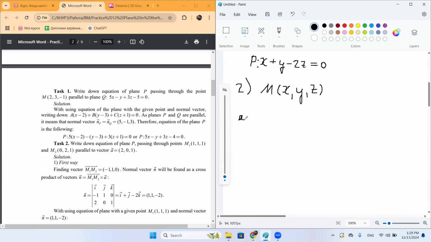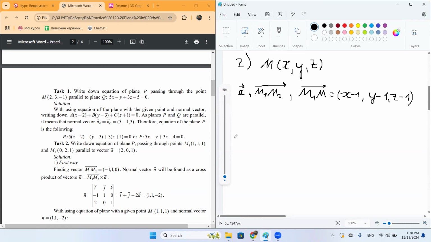We already know vector A and vector M1M2, and we also need another vector. Let's take M1M, and it will have coordinates x minus 1, y minus 1, z minus 1.